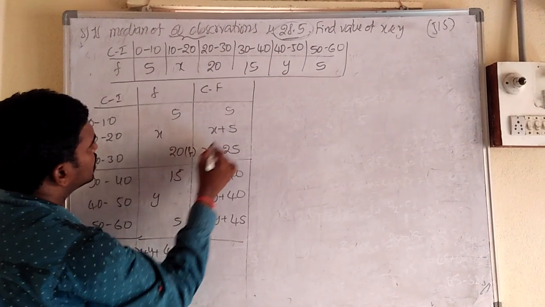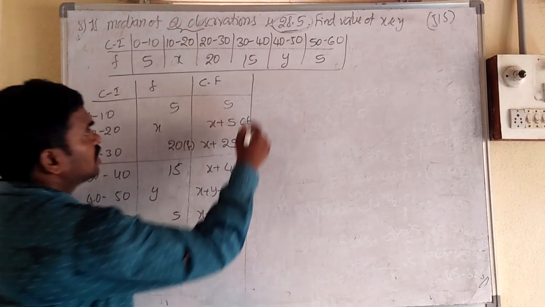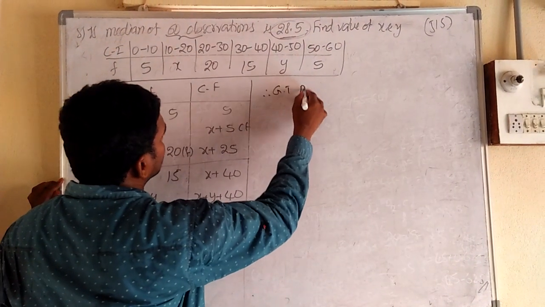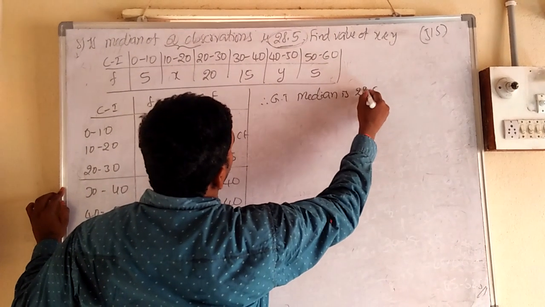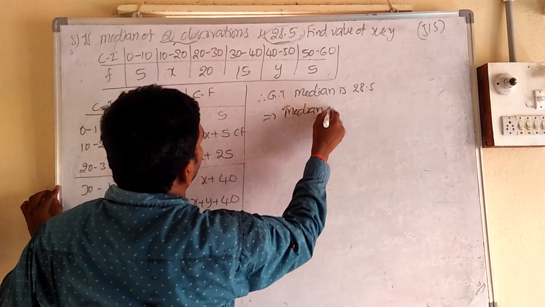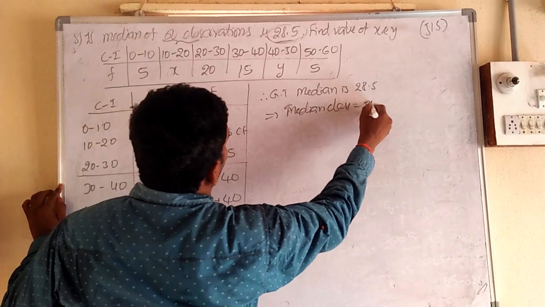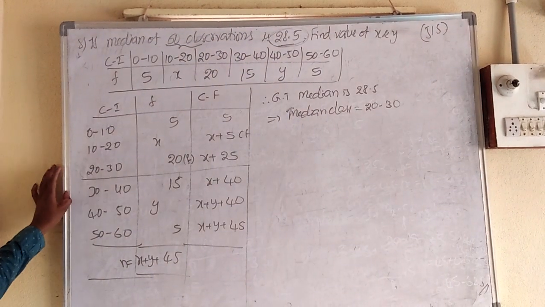So this is F, this is CF, this is the median class. Therefore, given that the median is 28.5, the median class is 20 to 30. It comes between 20 and 30, that's why it is taken as the median class.